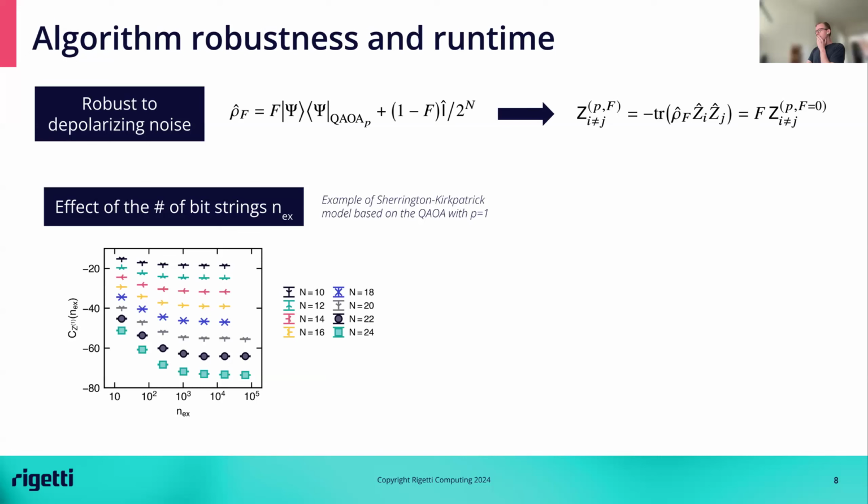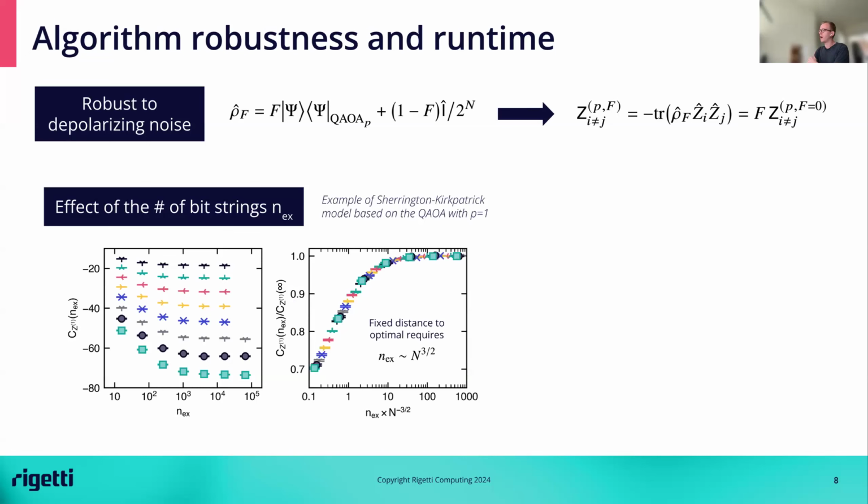Now we can say a bit more. Going from the plot on the left to the plot on the right, they both have the same data points. The data is the same, it's just plotted differently. The first thing we do is normalize the y-axis by the objective value with an infinite number of bit strings, and that's why the maximum value it can take is 1. Then we multiply the x-axis by n to the power minus 3/2.